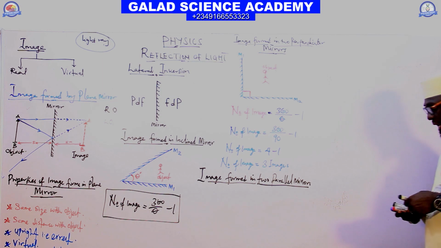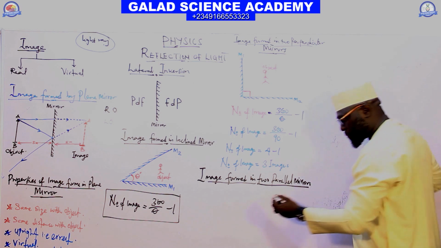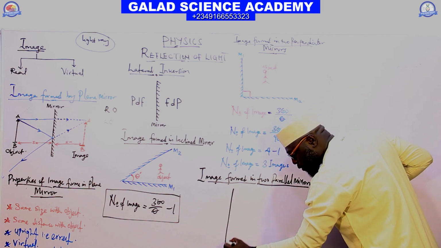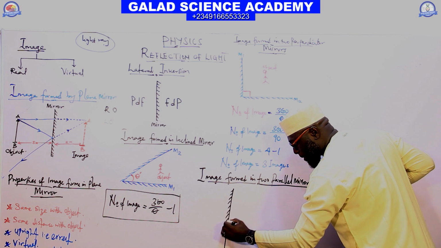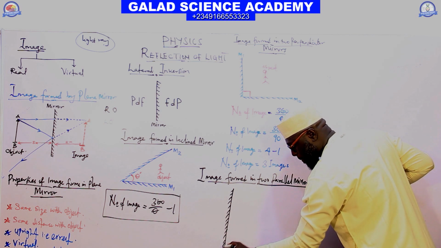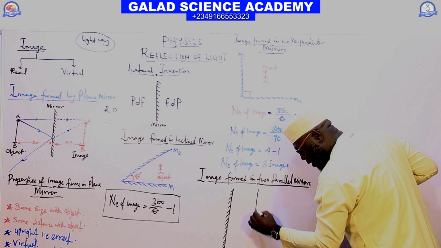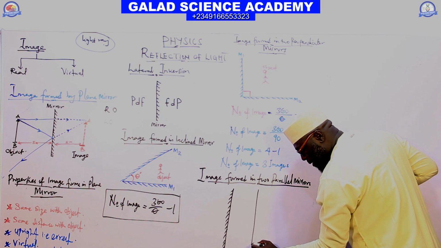When two mirrors are parallel with each other, what will be the kind of image formed? Let us check it here now. This is the first mirror. This is the second mirror.